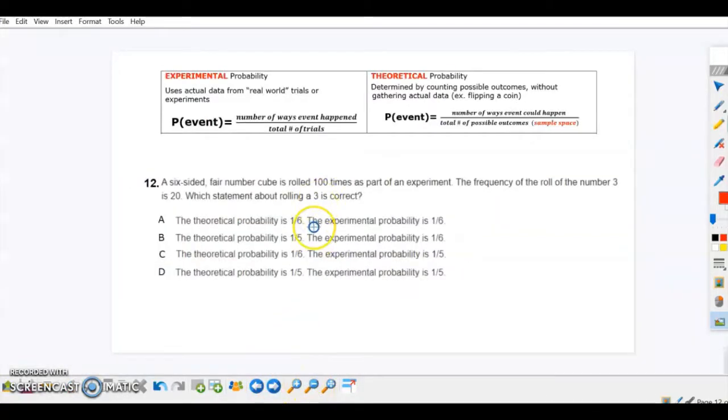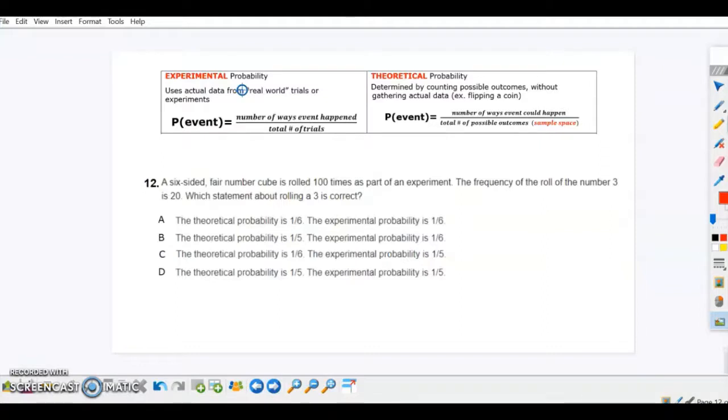So now let's look at comparing the experimental and theoretical probability. Experimental, again, is using actual data from experiments. Theoretical is just assuming what the probability would be based on the numbers and chances that we know.